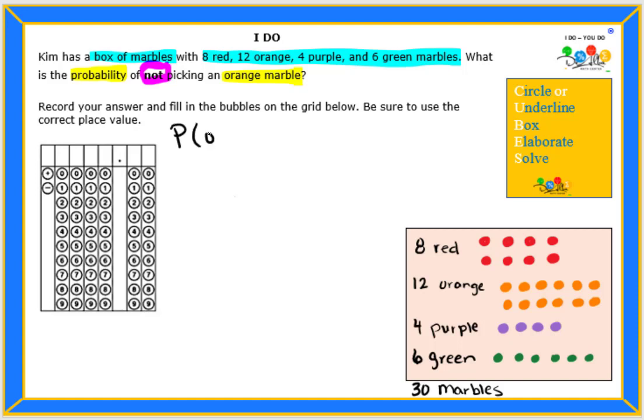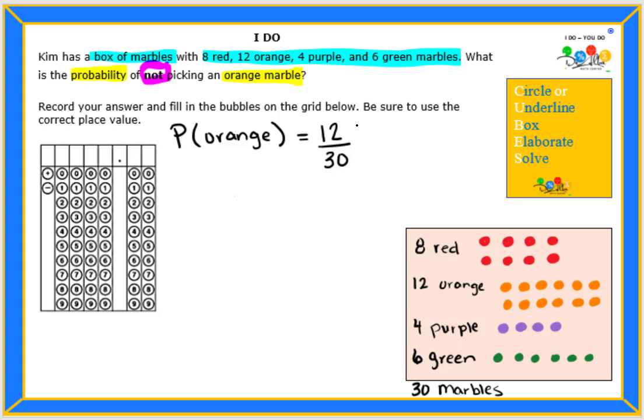So now, let's find the probability of getting an orange marble. The probability of selecting an orange marble from the box is, let's look at the orange marbles. There are 12, and we have a total of 30 marbles in the box. Now let's see if we can simplify this fraction. We are thinking of the factors of 12 and the factors of 30, looking for the greatest common factor.